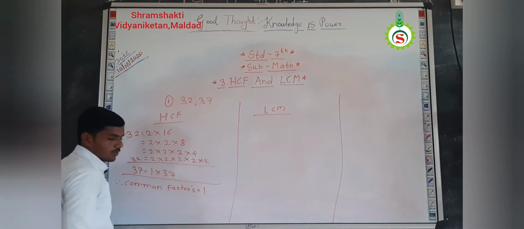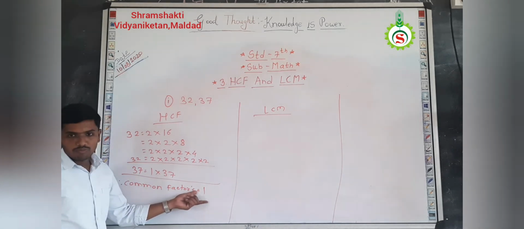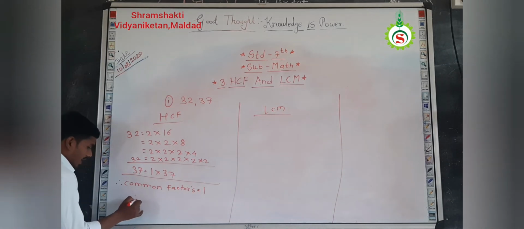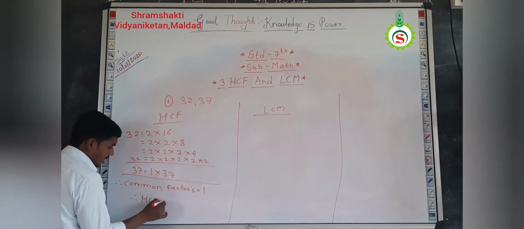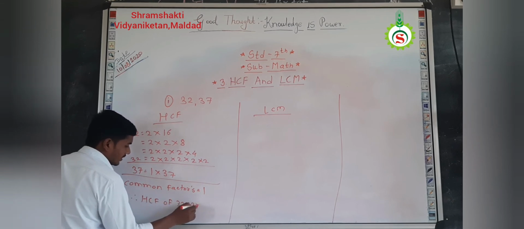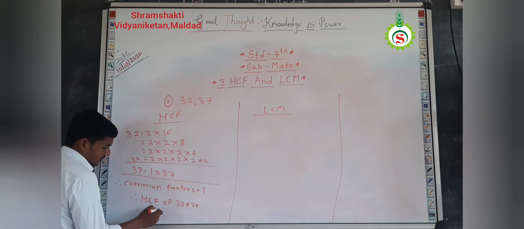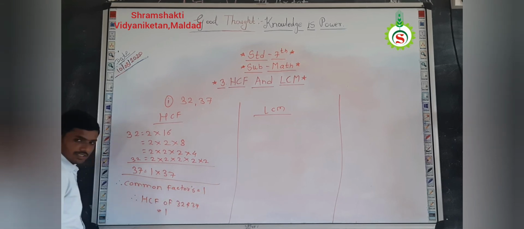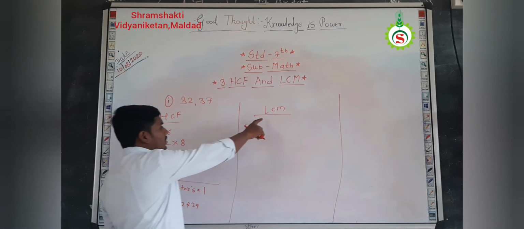No. That means only 1 is the common factor. That's why the HCF of 32 and 37 is equal to only 1. 1 is the HCF. Now I have to find out the LCM.